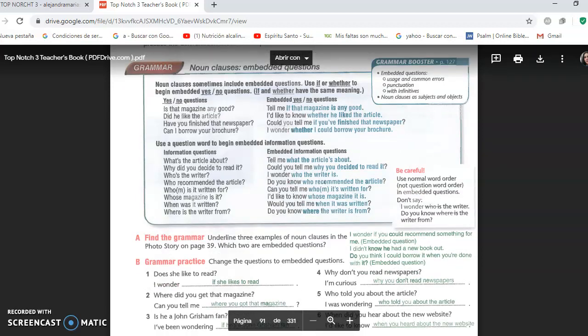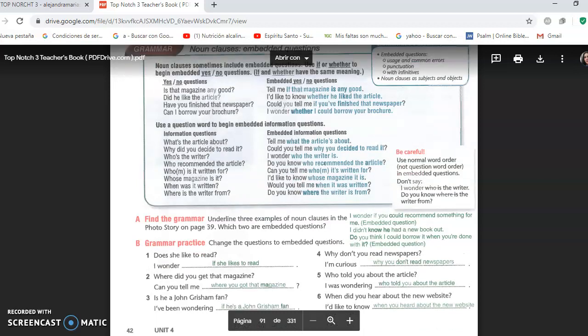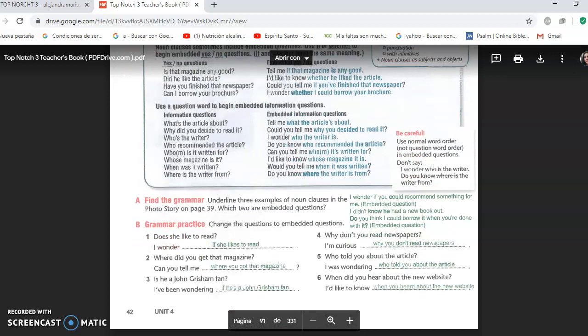Si vemos en las embedded questions, vamos a utilizar what, why, who, whom, whose, when, where. Esas son palabras para preguntas. Las vamos a utilizar en nuestras embedded questions. Veamos ejemplos. Change the questions to embedded questions. Ok, vamos a trabajar en esto.